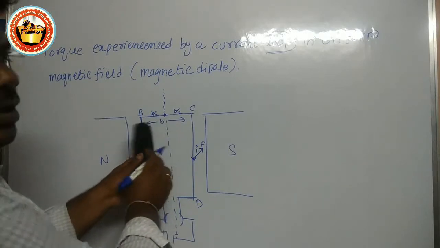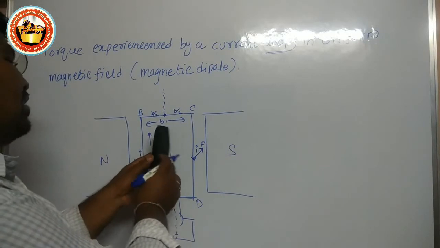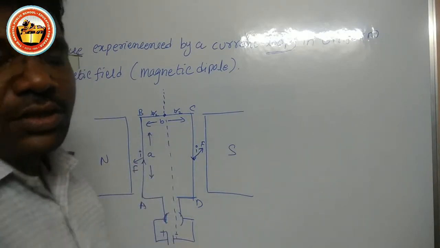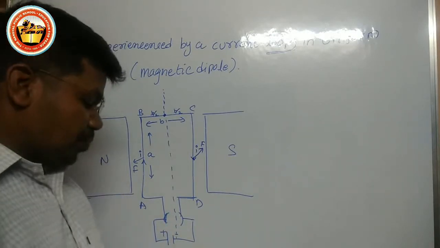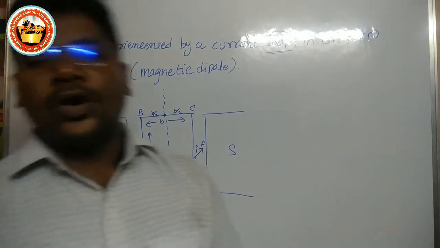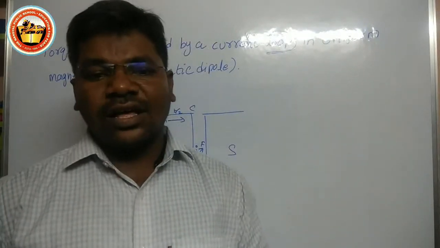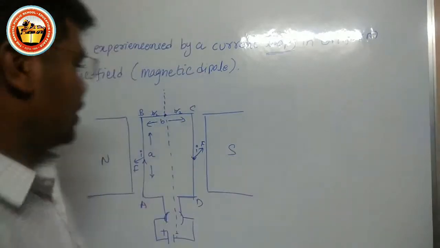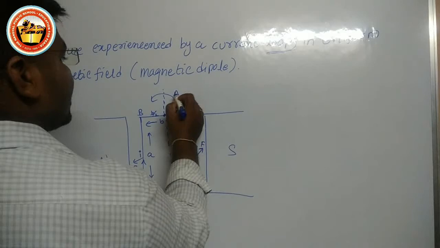When the coil rotates, some torque is acting, so we have to find that torque. Torque is produced due to the couple on the loop, which rotates the loop in the anti-clockwise direction.